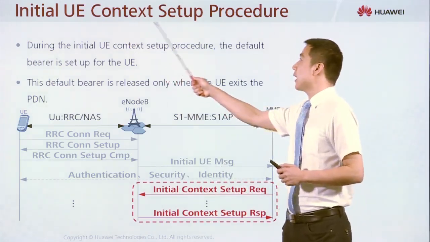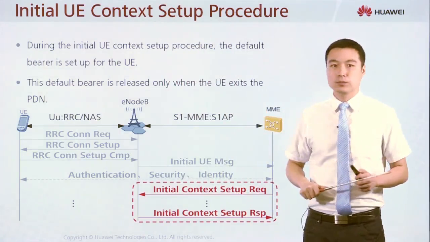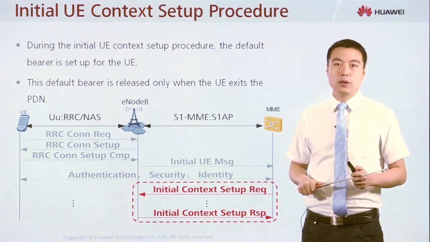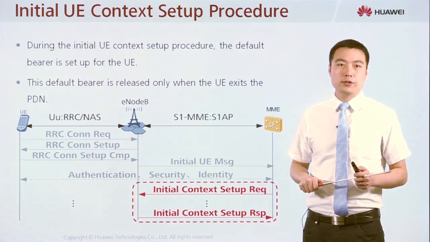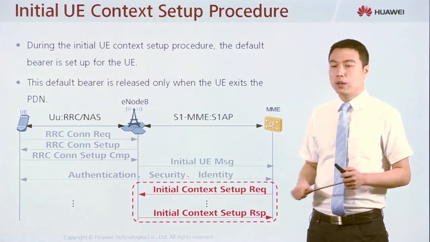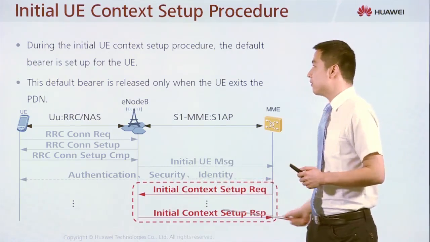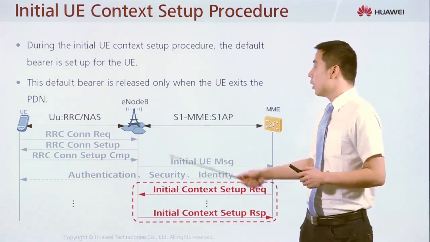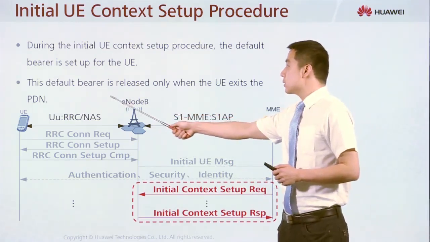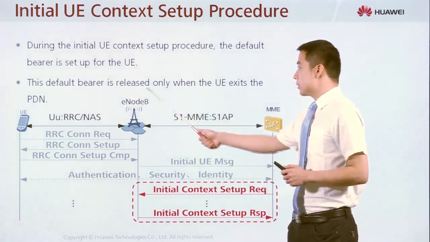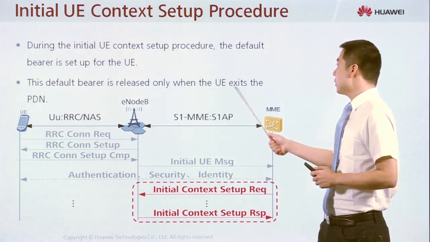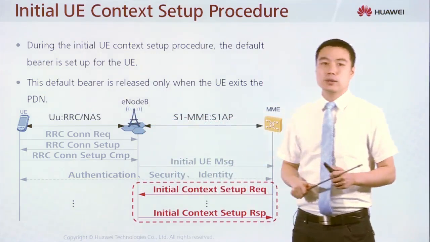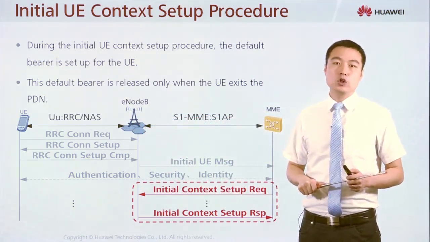Initial UE context setup procedure. If this user is a legal user and passes the authentication and the security mode, now we will set up a default bearer for this user. This default bearer is released only when the UE exits the PDN. Here, we consider the PDN as a PGW.